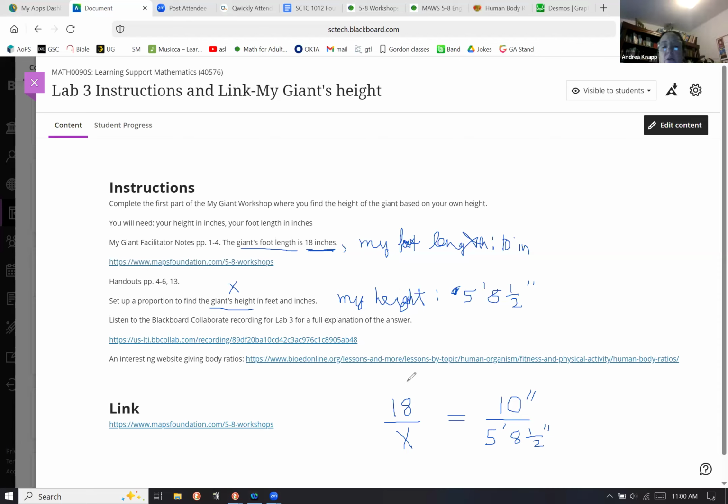Okay, so to solve a proportion, we multiply on the diagonal and divide by the other number. So we're going to take the 18, and I'll write that as 18/1 since we're dealing in fractions, times 5'8.5", divided by 10.